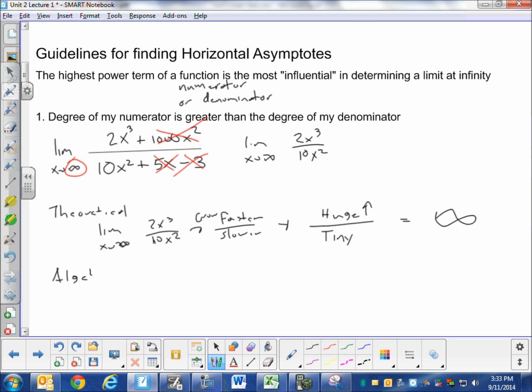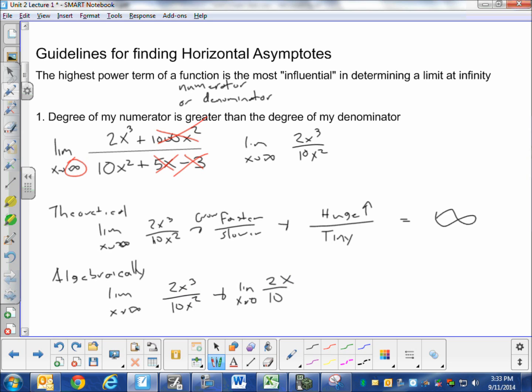Algebraically, 2 L's. If, after getting rid of my insignificant stuff, I end up with this, I can cancel 2 x's in the top and in the bottom, giving me 2/10 x. X in the top, no x's in the bottom.